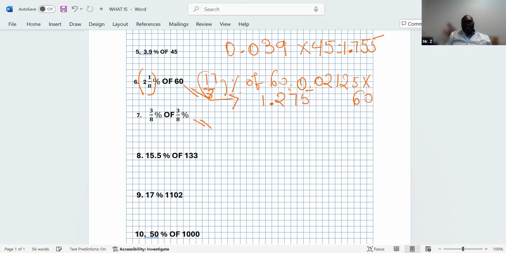All right, let's look at number 7. It may sound crazy, but it's not. You have 3.5% of 3.8%. If you look at it, you just have to expand it. Let's expand the second one first. The second one will be 3.8 over 100.